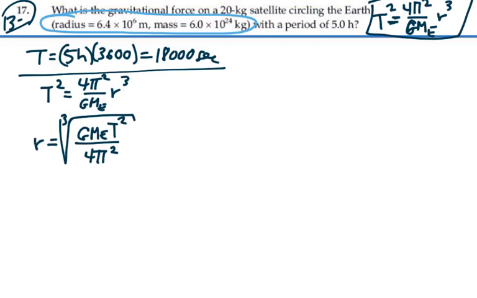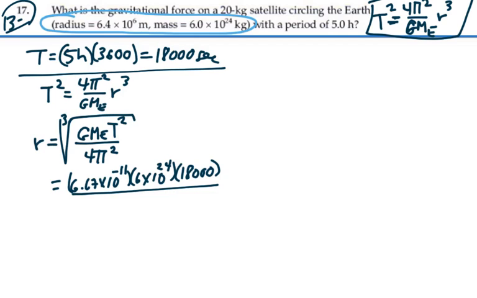Alright, so that is going to be equal to 6.67 times 10 to the minus 11 times the mass of the Earth, 6 times 10 to the 24, times the period of the orbit, 18,000 seconds, squared, over 4 pi squared, and all of this to the cube root, or the 1/3 power, if you will.